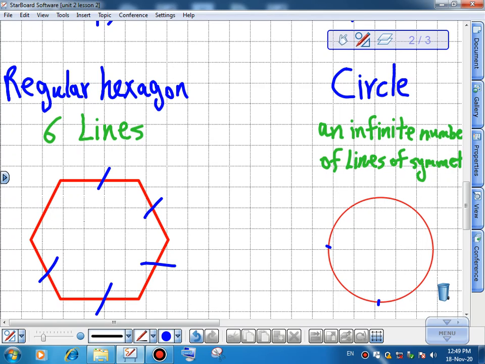If I need to get the lines of symmetry, the first one is horizontally.